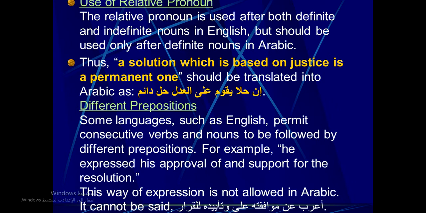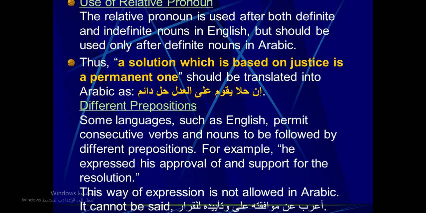We do not translate the relative pronoun or the relative which because حلا is indefinite, right? غير معرفة بالتعريف نكرة.